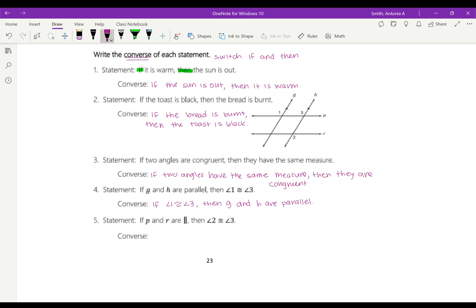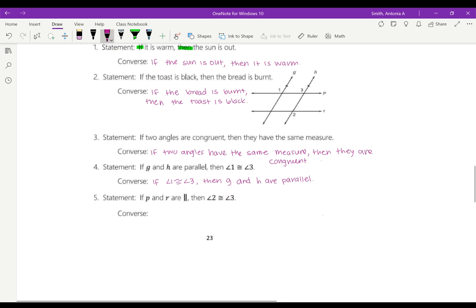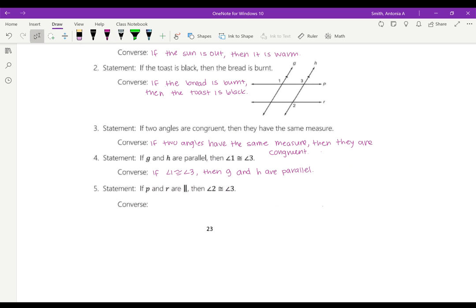That's something that we might prove in this next section. We're proving that lines are parallel. And then the last one, if P and R are parallel, then angle 2 is congruent to angle 3.